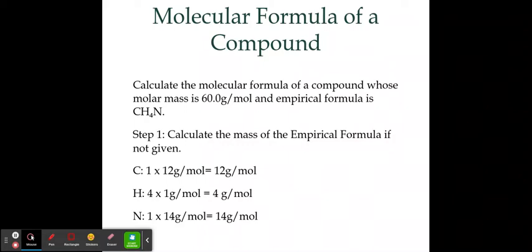When we look on the periodic table, we find their masses. Carbon has a mass of 12, hydrogen has a mass of 1, nitrogen has a mass of 14. So we multiply them all through, and we get 12, 4, and 14. Now, we add them up, and we get the sum of the total mass, which is 30.0 grams per mole. This is your empirical formula mass, which was not given in the problem.